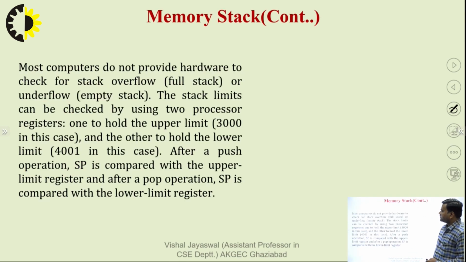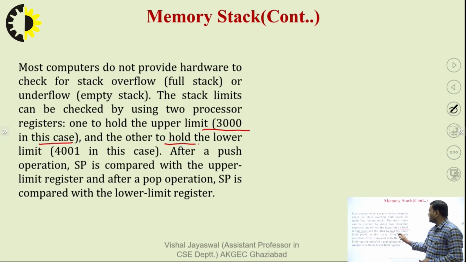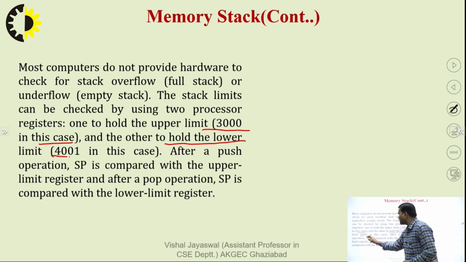This is the pop operation. There is an important point in the memory stack: most computers do not provide hardware to check for stack overflow, that is a full stack, or underflow, meaning an empty stack. The stack limits can be checked by using two processor registers. One holds the upper limit, that is 3000 in this case, and the other holds the lower limit, that is 4001.